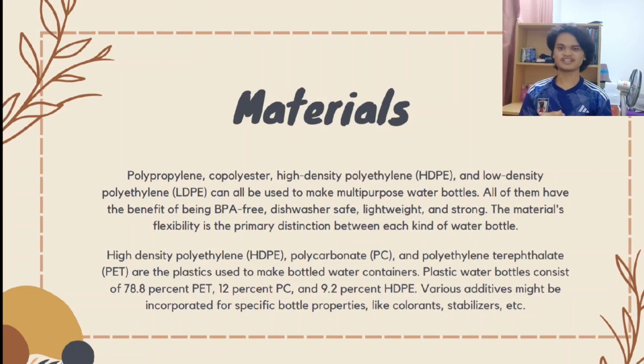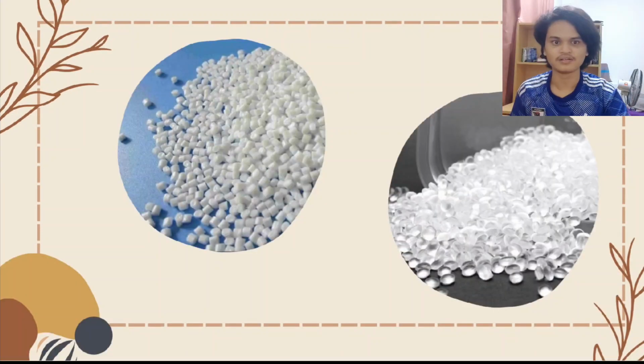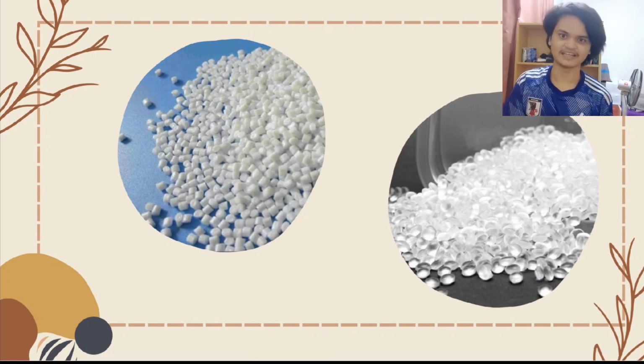Plastic water bottles consist of 78.8% PET, 12% PC, and 9.2% HDPE. Various additives might be incorporated for specific bottle properties, like colorants and stabilizers. Anyway, HDPE is on the left side and PET is on the right side.